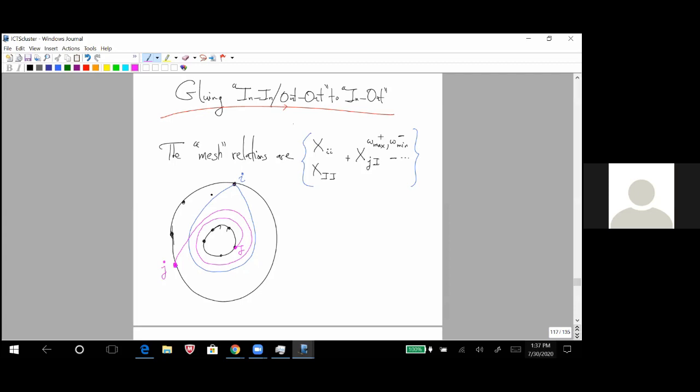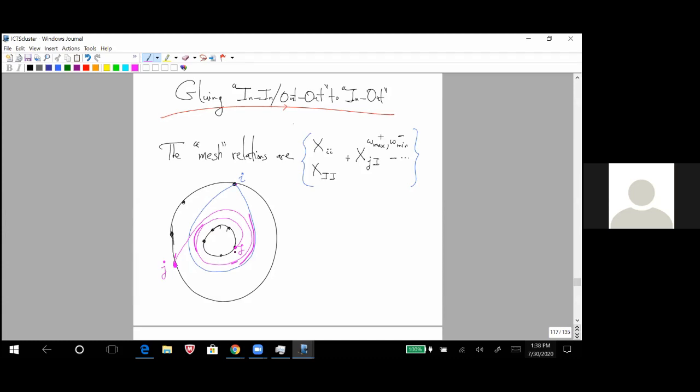So this set, where you just look at the relations that you get between these loops xii and the in-out variables, these are the only ones that you write down. And in fact, since we're only keeping up to some winding, you only write these relations down for the maximally wound guys.